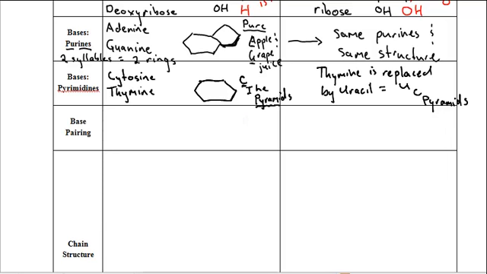And it's important to remember in terms of base pairing that a purine, whether you're DNA or RNA, always pairs with a pyrimidine.